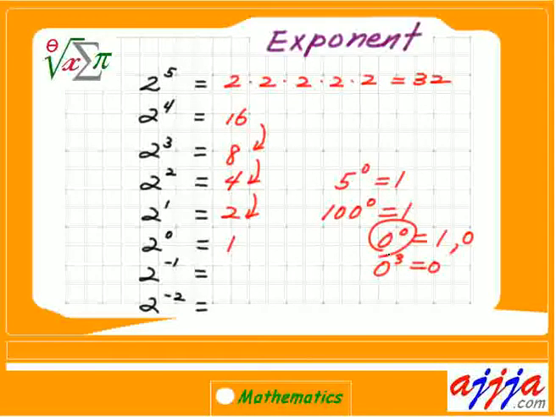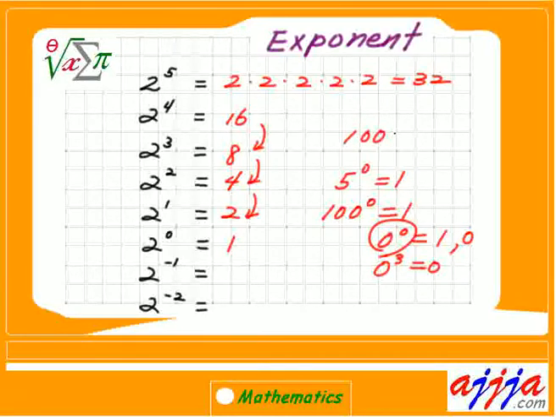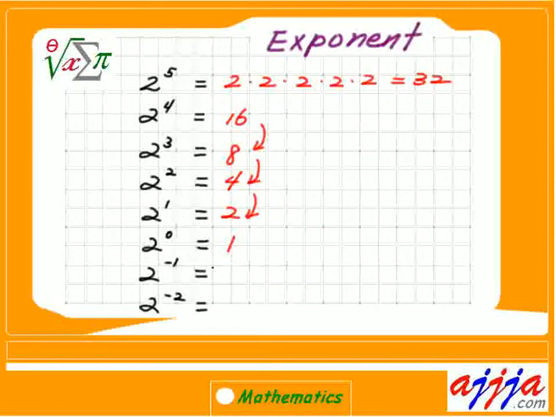That's why we call this one undefined. Except for 0 to the 0 power, any number, maybe 1,000 to the 0 power, is still 1.